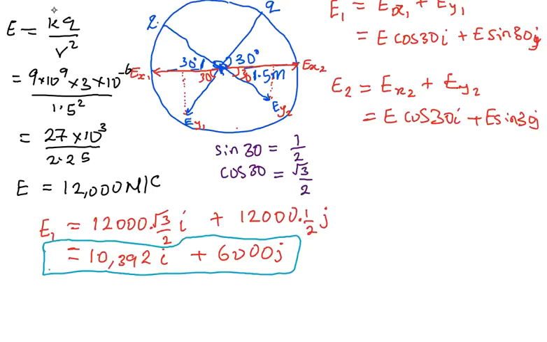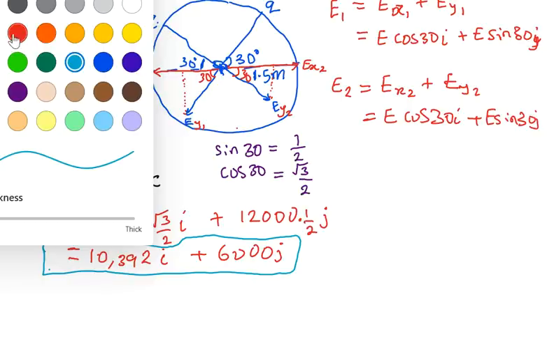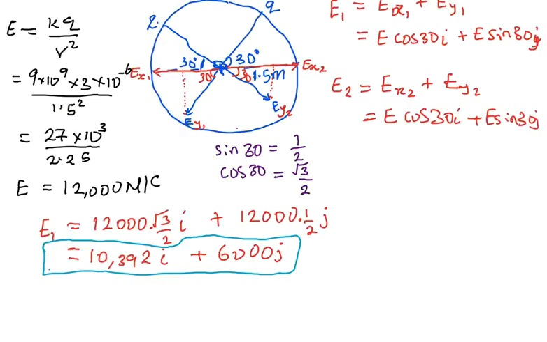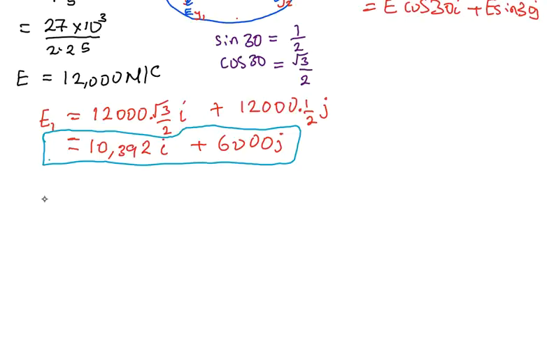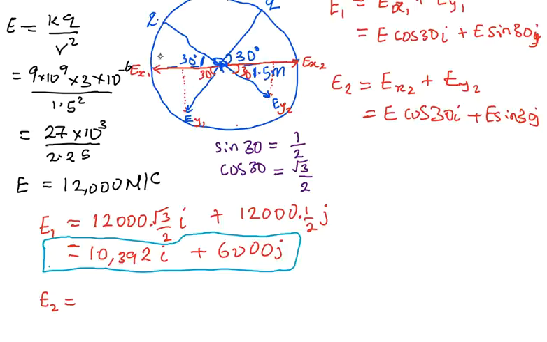For the second part, we can say this now. For E2, we have to keep in mind that the second charge occurs at the second quadrant, and in the second quadrant cos 30 is negative.